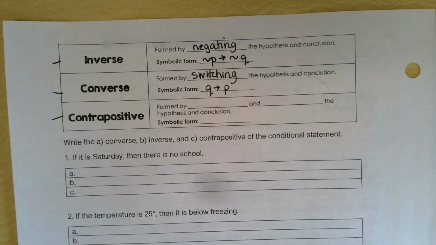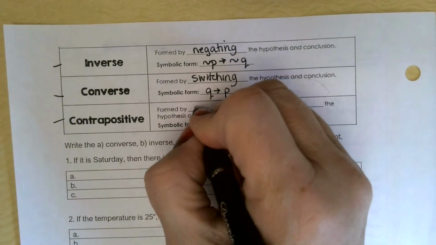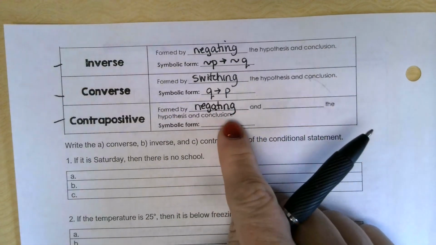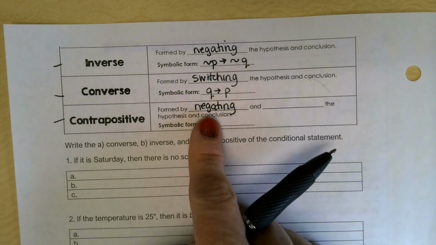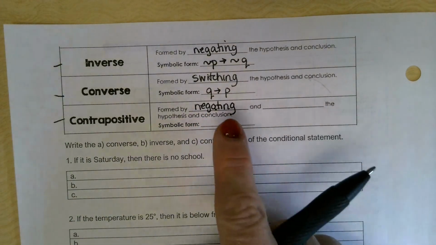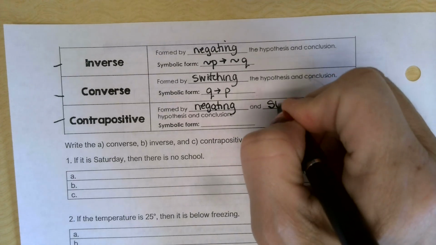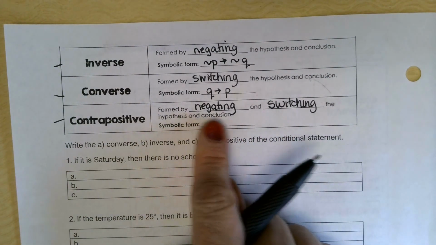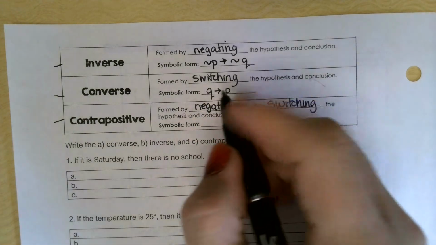Okay, then the contrapositive is formed by negating. I love doing this because I teach you in the vocab and then I'm teaching you again, so you're getting enough instruction on this. Negating and switching the hypothesis and conclusion.